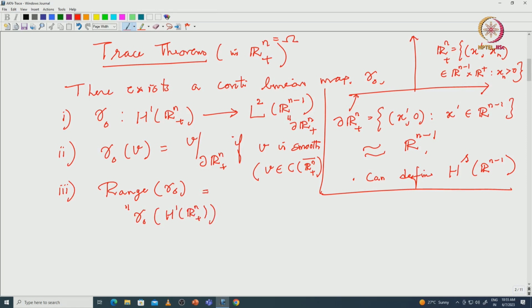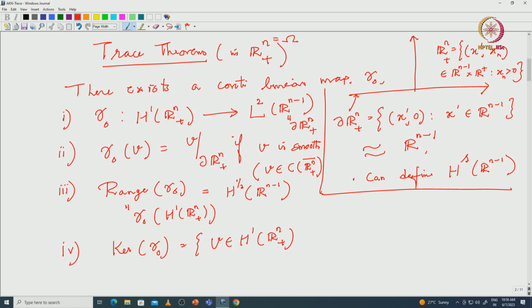This is nothing but H^(1/2) of R^(n-1), again where R^(n-1) is the boundary of R^n. And the fourth one, all these are very delicate to prove, is the kernel of gamma naught, the set of all v in H^1 of R^n_+.